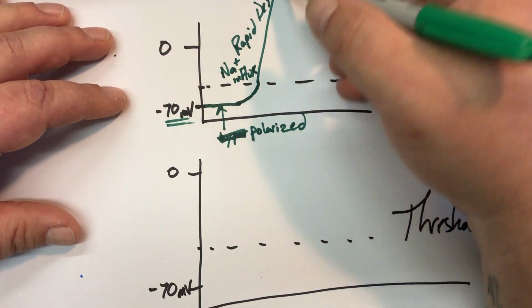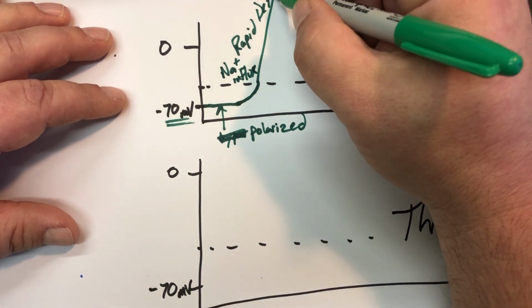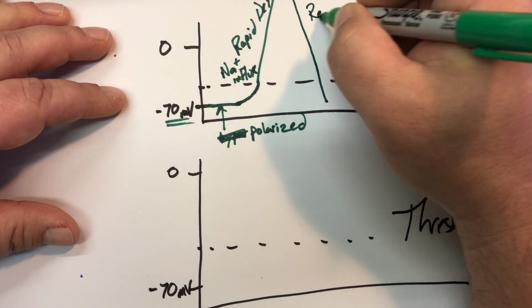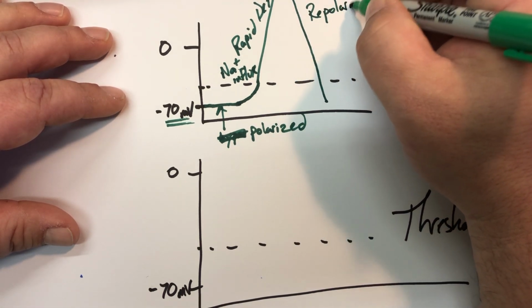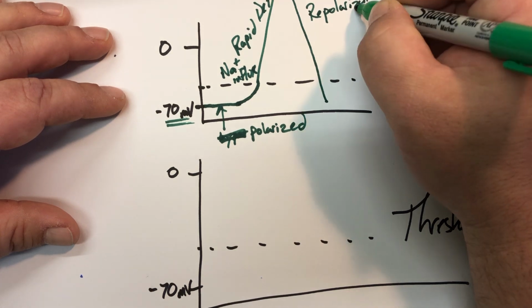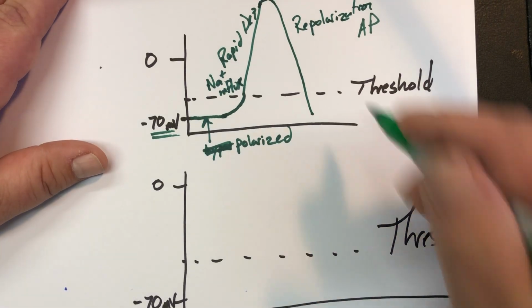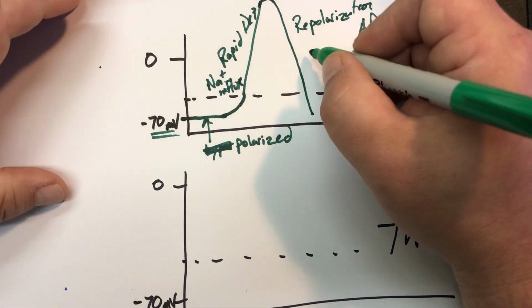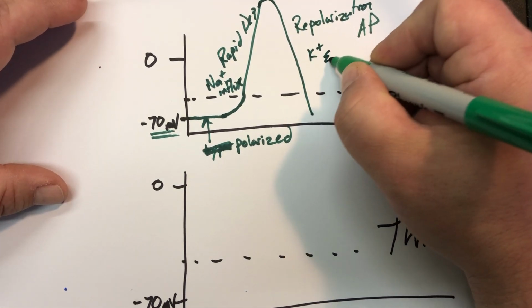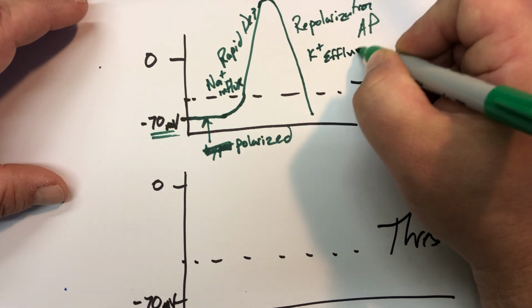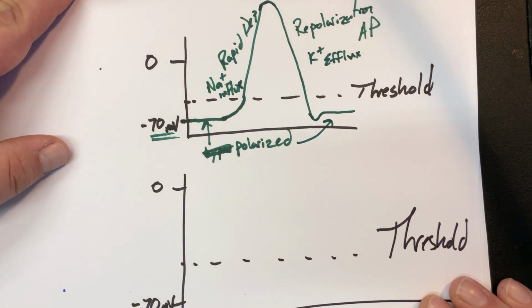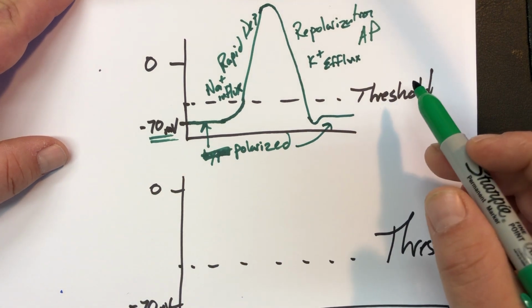As soon as the inside of the cell becomes slightly positive, we see the second phase, which is repolarization. During repolarization, the inside of the cell becomes more negative, and that's because of potassium efflux. And then we return right back to our polarized state, okay? So there's our basic effect.